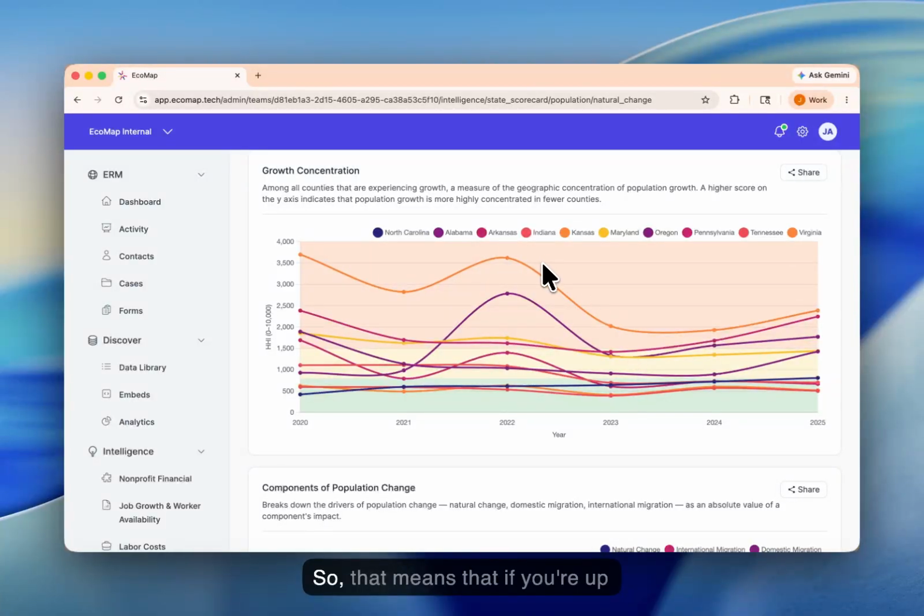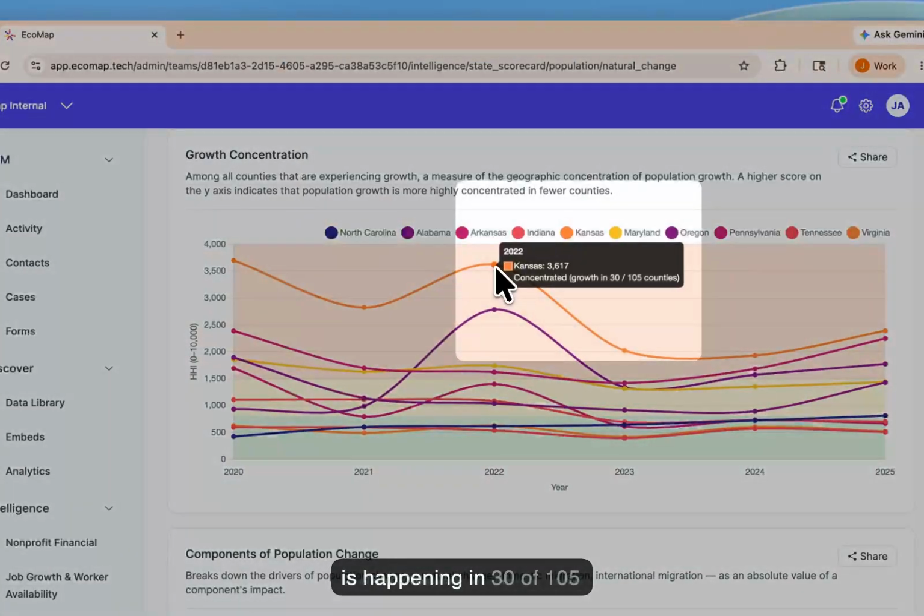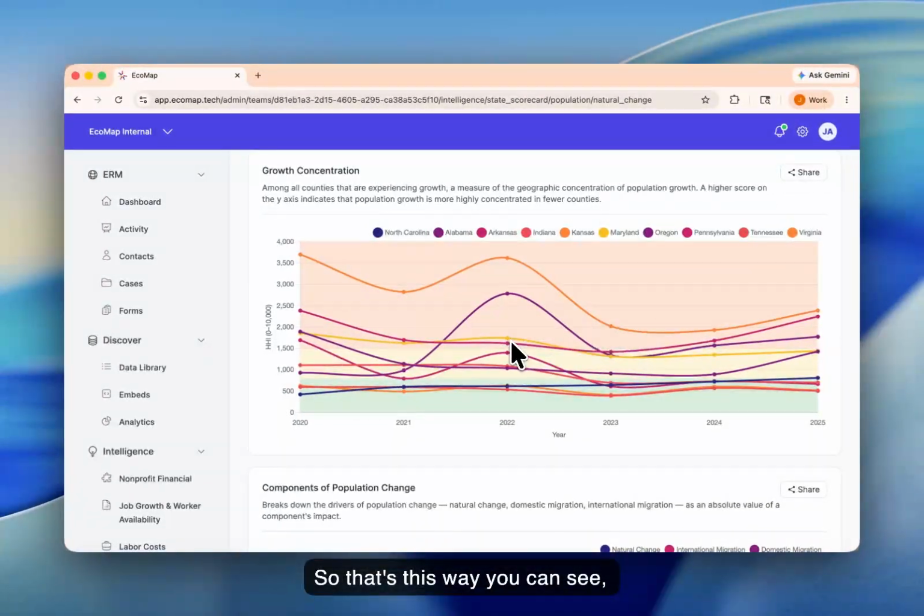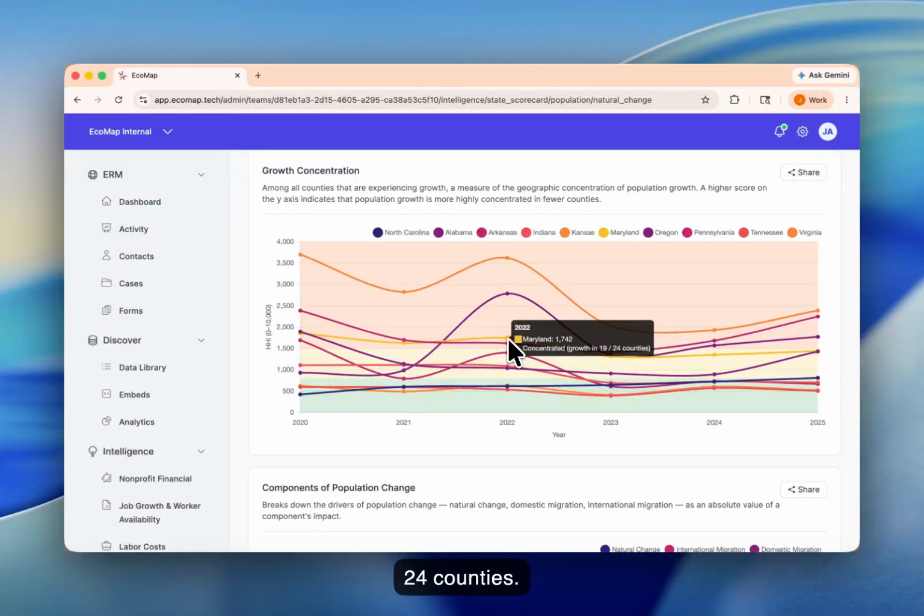So that means that if you're up in this orange band, essentially your population growth is happening in 30 of 105 counties. So this way you can see, in Maryland, fairly evenly distributed, because we're seeing that growth in 19 out of 24 counties. So I think it's the ratio of the number of counties that are growing versus the number of counties that exist.